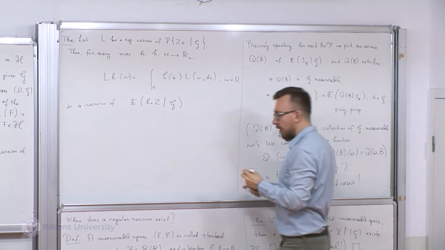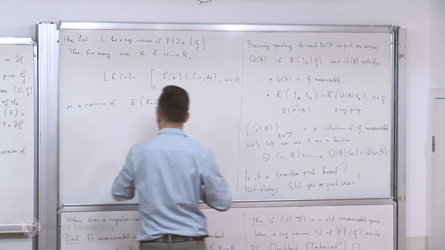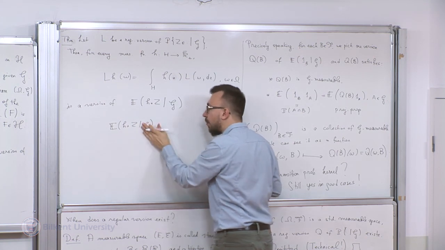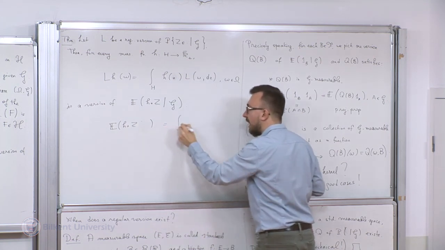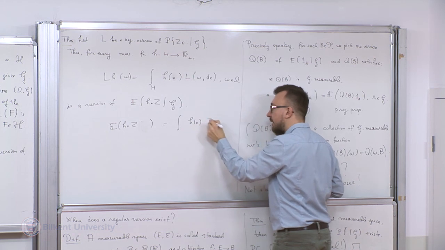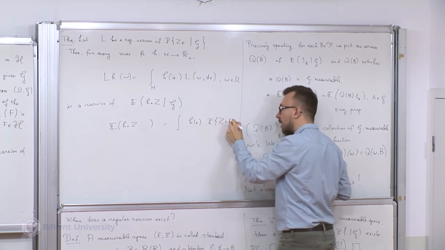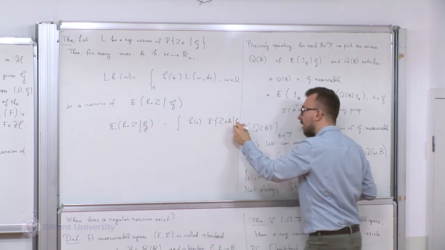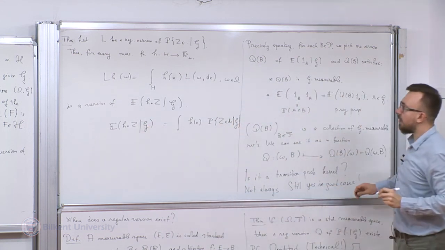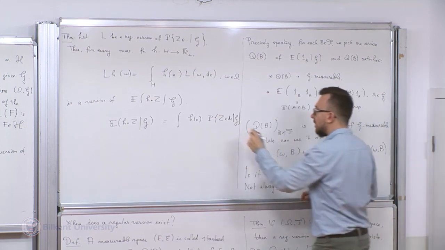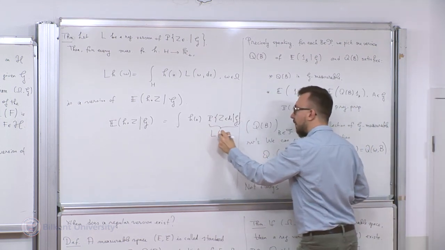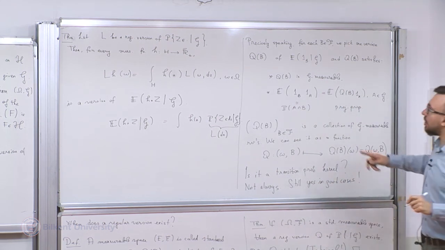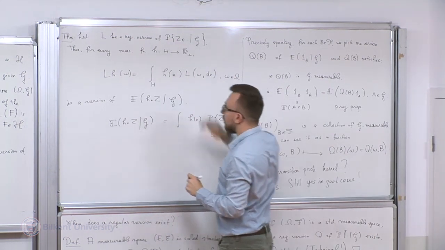In other words, we have this theorem. Without the conditional part, this is H of Z times the distribution of Z. Now we make everything conditional, so this stands for L of dz, because L is a regular version of the conditional distribution.